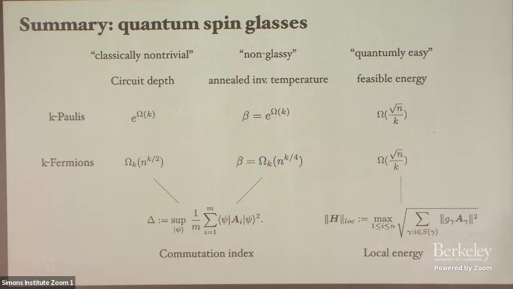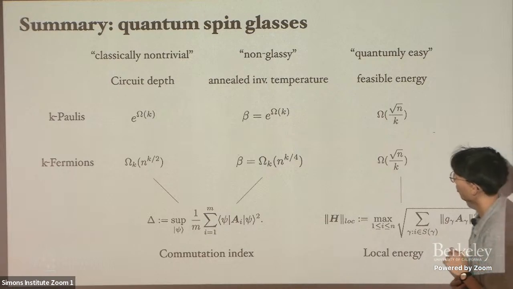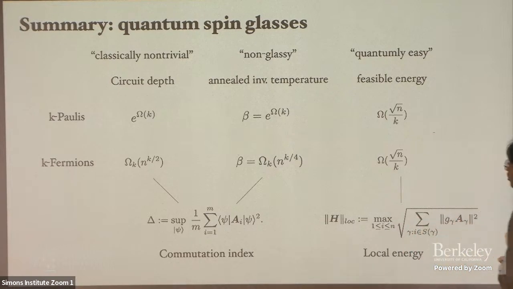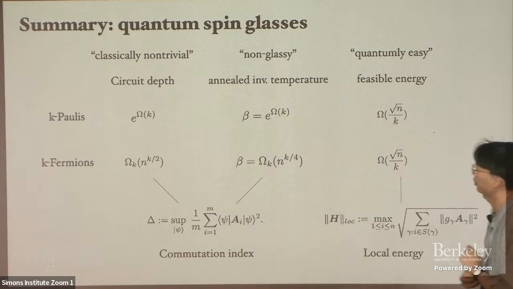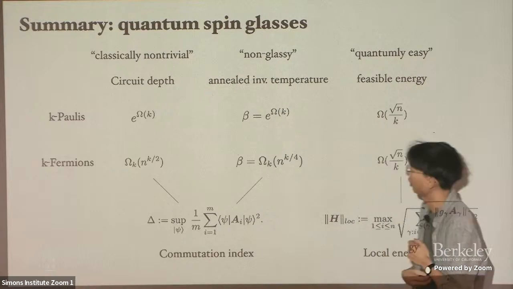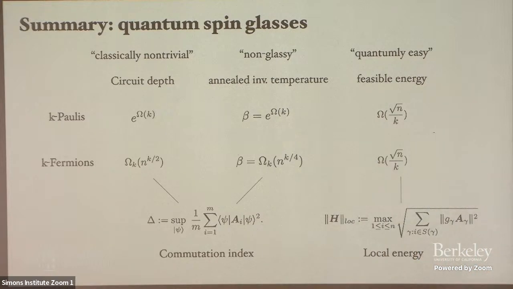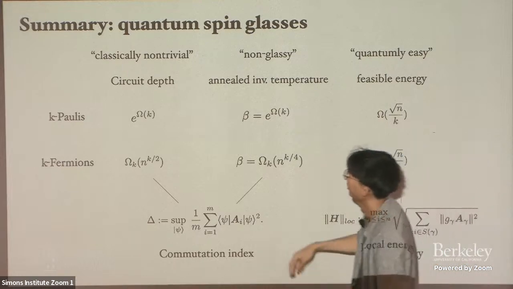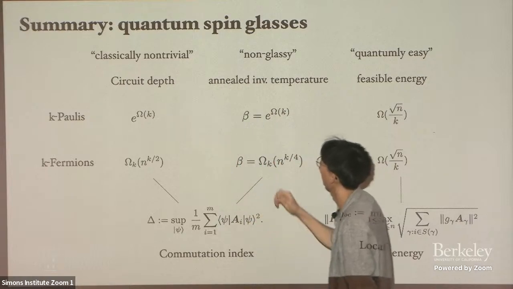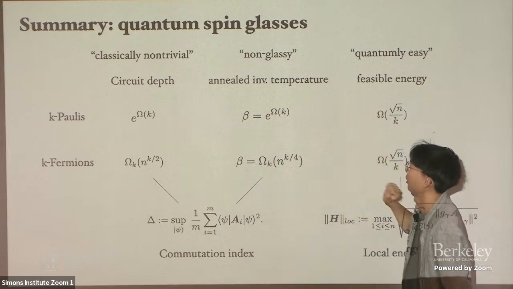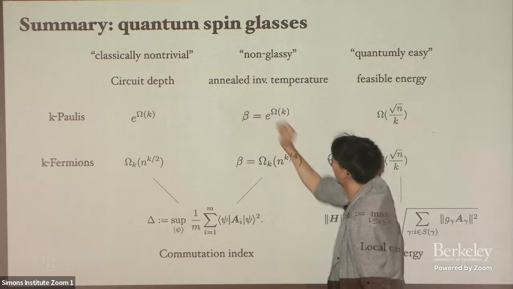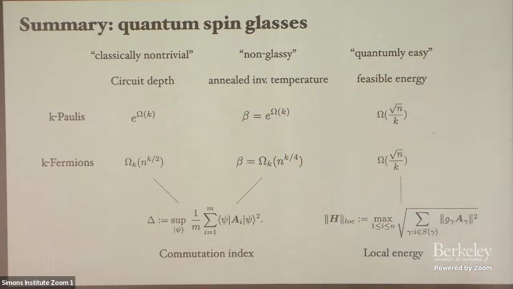So here's a summary. I think I'm out of time. Today, we introduced some families of quantum versions of spin glasses, getting only some of the very basic results. There's certainly a lot more to be said, but here's a summary of what we get. It's classically non-trivial in the sense of the circuit depth lower bound. It's non-glassy in this very restricted sense of annealed versus quenched free energy.